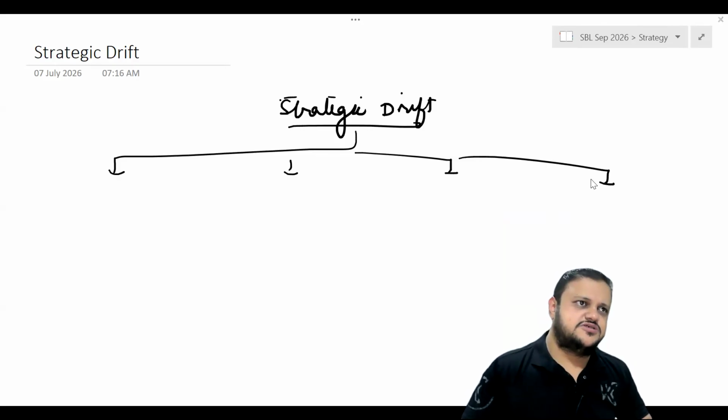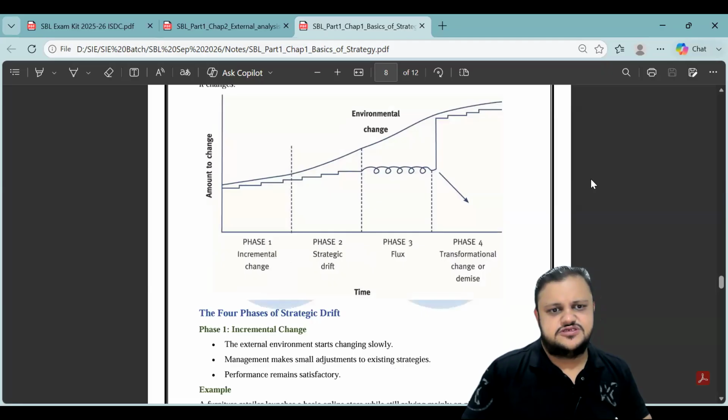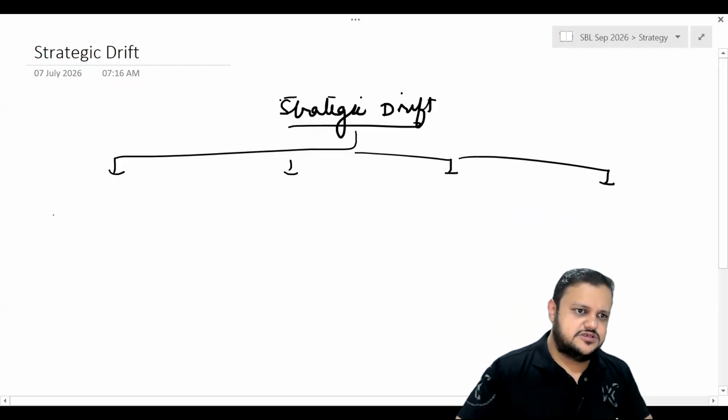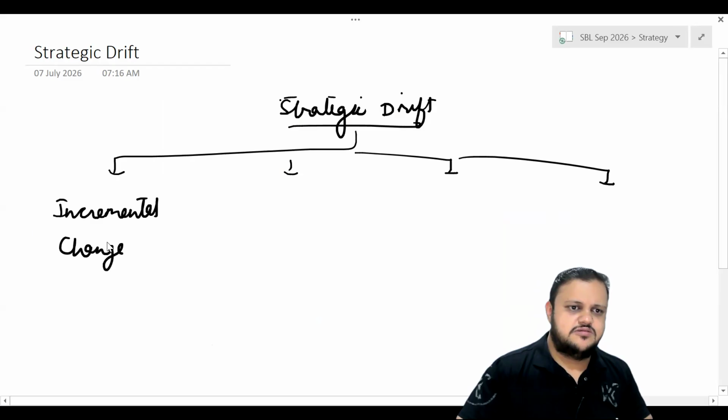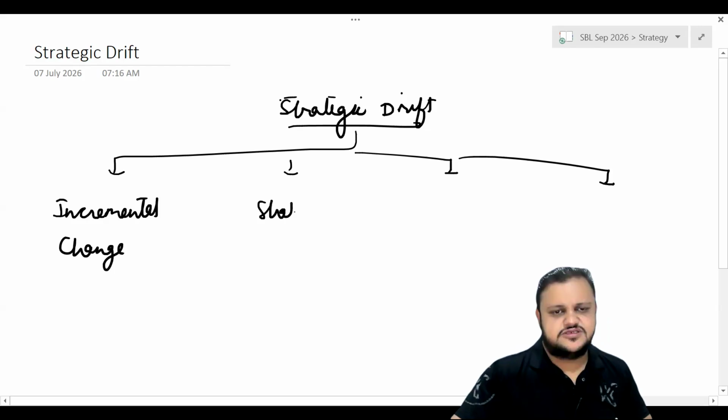So the first is your incremental change. What is it? Incremental change. Just scribble it on. Incremental change, right? Then there is what? Strategic drift. That is the actual drift that happens.